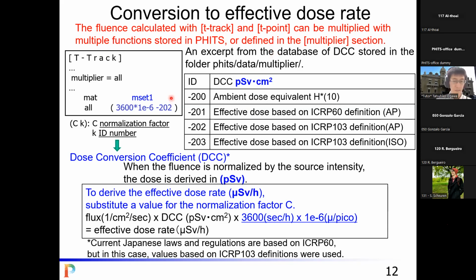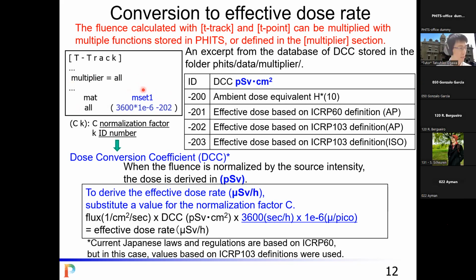This is something we learned yesterday, that by defining a multiplier subsection in T-track or T-point, in tallies, you can convolute flux with those conversion coefficients to finally get doses in the unit of sieverts.